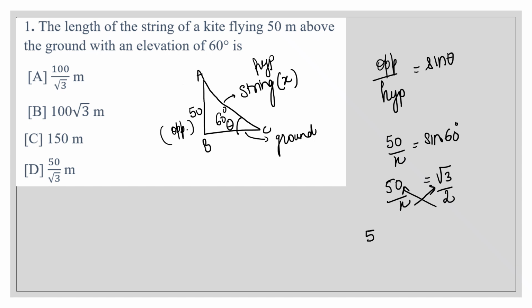This will be 50 into 2 equals root 3 x, and x is 100 upon root 3. Since we have 100 upon root 3, no need to factorize it.